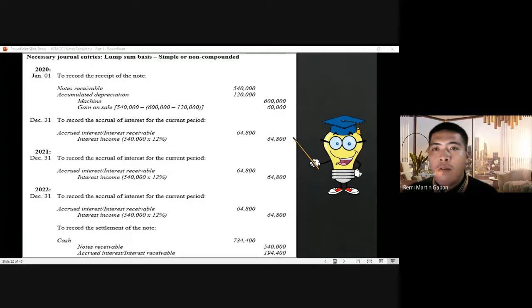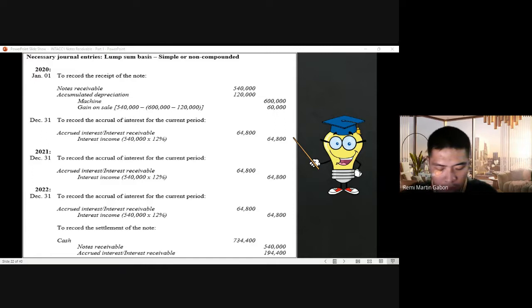So therefore, fixed interest. So to record the settlement of the promissory note as of December 31, 2022, we debit cash for the maturity value. Credit notes receivable 540,000 pa rin, but the accrued interest is the total of the accrued interest from 2020 to 2022.